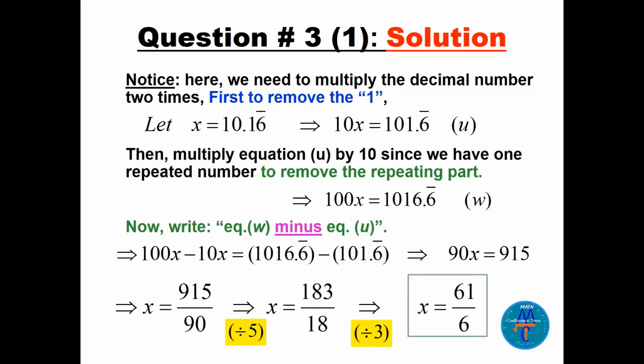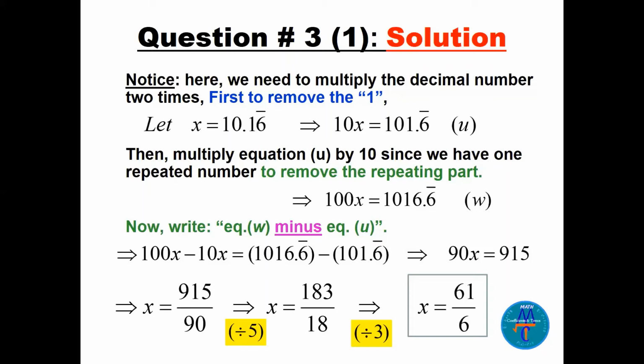Since I have one number repeating here, 66666, I can multiply equation U by 10 again. So that will be 100x equal to 1016.6 repeating, and I call this equation W. You see the idea? I have a number after the decimal point, not repeated. I have to remove it to the other side, so I multiply by 10 if it is one number. If it is two numbers, I multiply by 100.